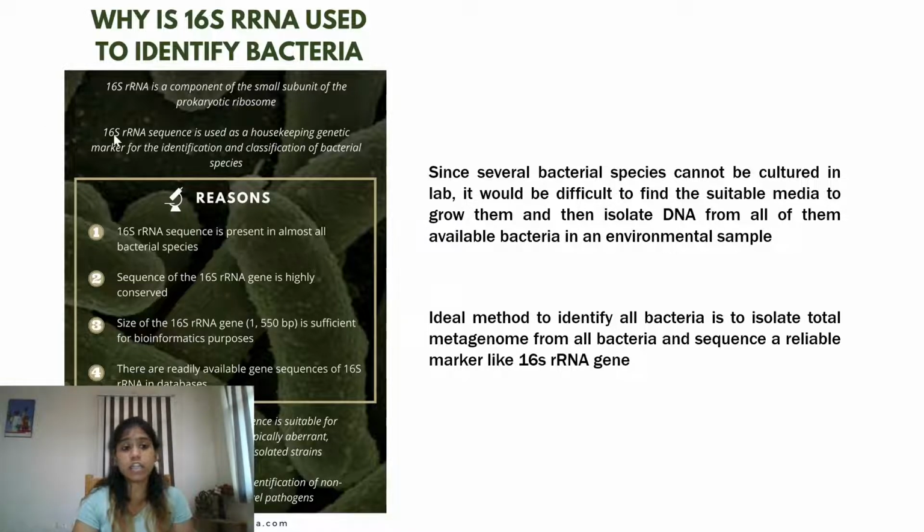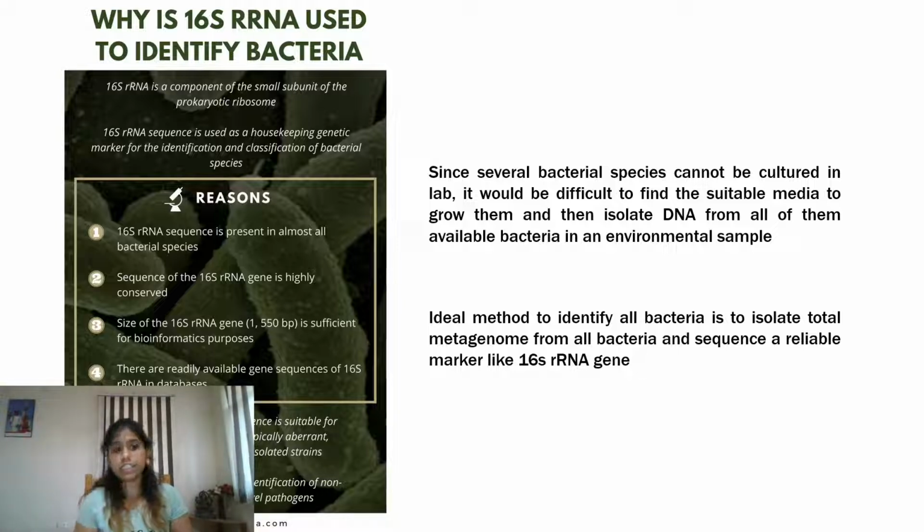So 16S rRNA is one such housekeeping gene, and it's a marker which can be sequenced for identification and classification of bacterial species. Why is this so ubiquitous? Why is this so universal? Why is it such a standard housekeeping gene? Because, like I said, it's present in almost all bacterial species, and different rRNA subunits are present in higher order organisms as well.